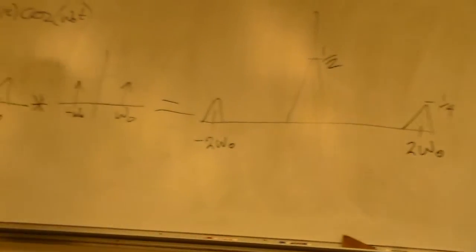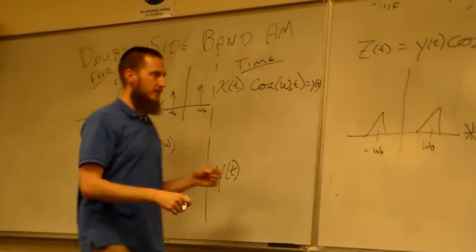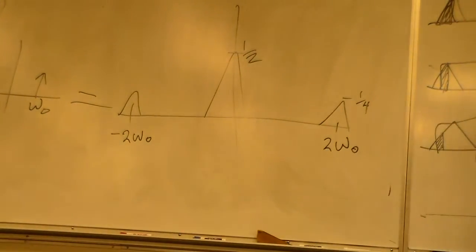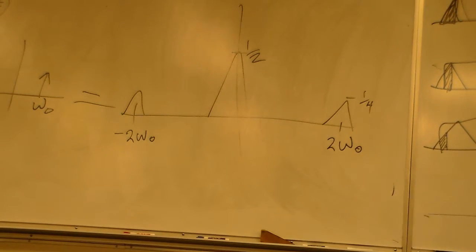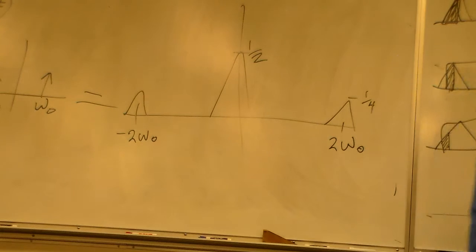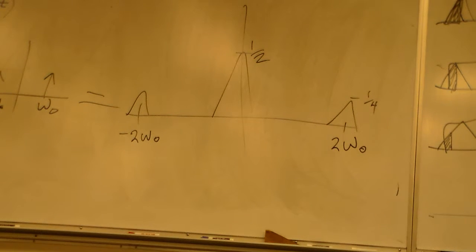Again, Parseval's theorem. We started off with 1. Now we have 1/2 and 1/2. It adds up to 1. The final solution is 1/4, 1/2, 1/4. Still adds up to 1. Did we create any energy? No.